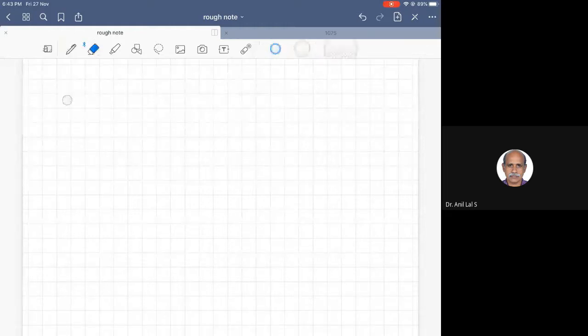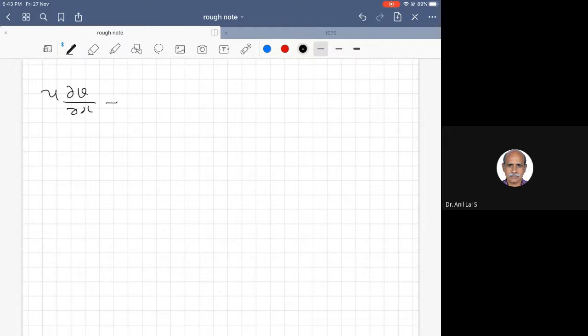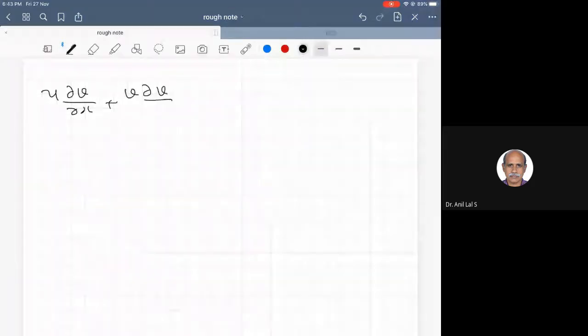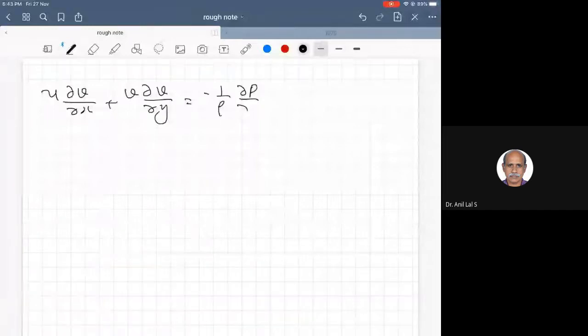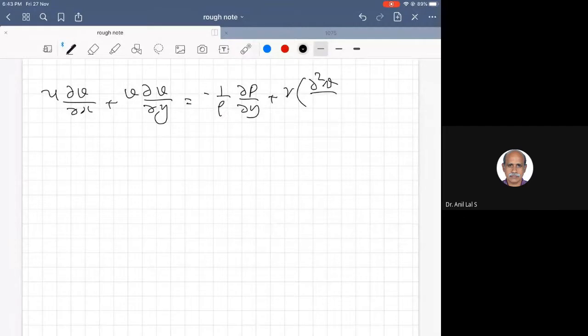We have u dou v by dou x plus v dou v by dou y is equal to minus 1 by rho dou p by dou y plus mu into dou squared v by dou x squared plus dou squared v by dou y squared.